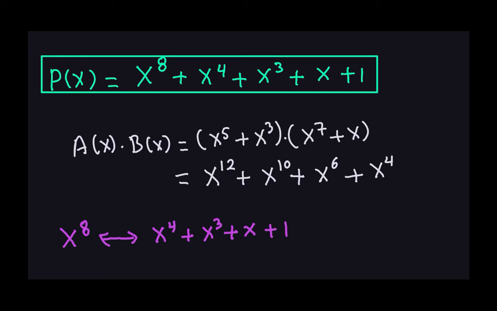Now, what we're going to do in this video is arrive exactly at the same answer, but we're not going to do long division. This is another way to do it.